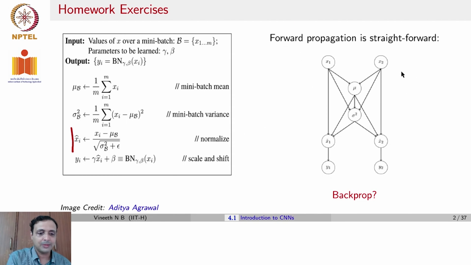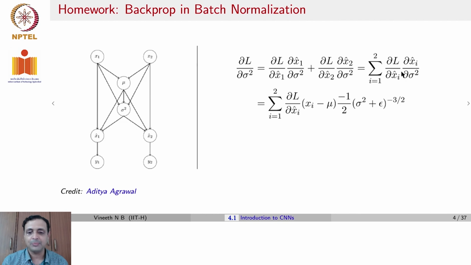So xi hat is given by this term here. So the gradient of ∂xi hat/∂sigma just follows the gradient of this particular term, which can be written as (xi minus mu) into minus half into (sigma square plus epsilon), which would have been the denominator, into minus 3 by 2.